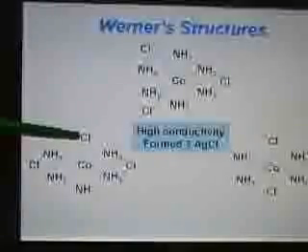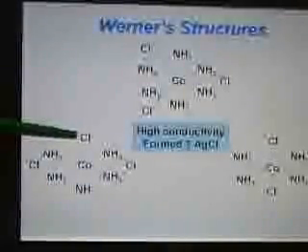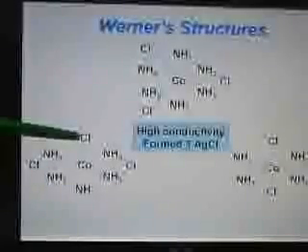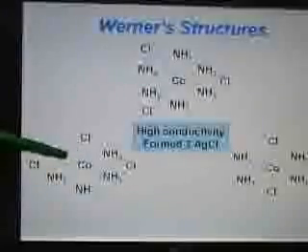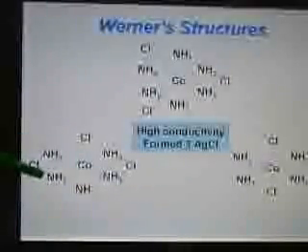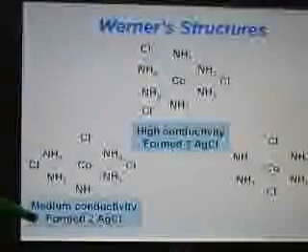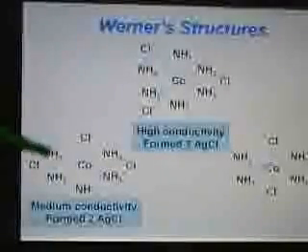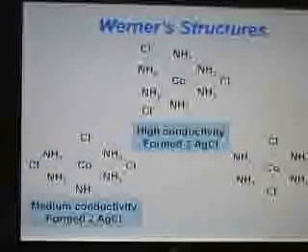That means this chloride satisfies both the primary valence and secondary valence. Since it satisfies the secondary valence, it cannot dissociate from this compound. Therefore, this should have a medium conductivity and should form 2 moles of AgCl per mole of this compound.